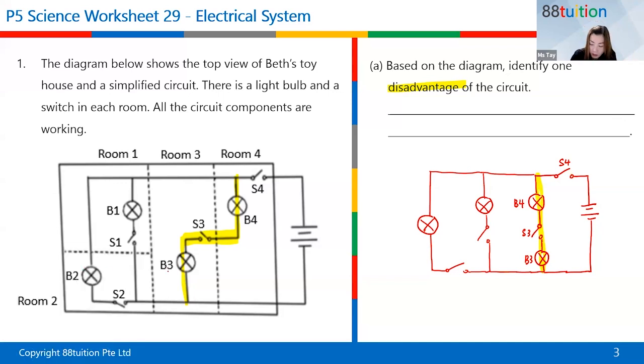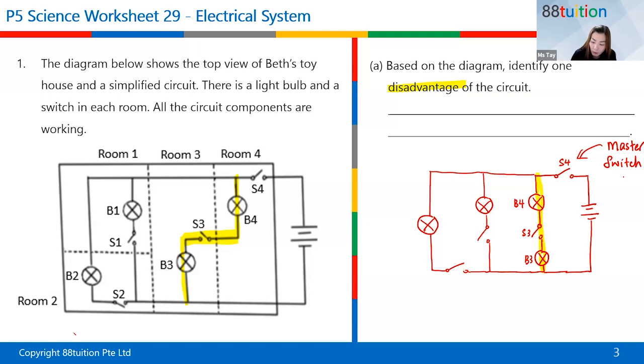The big issue here is we are making this S4 like a master switch. What is a master switch? The moment you turn it off, it's going to turn off every light bulb. Do you all agree?